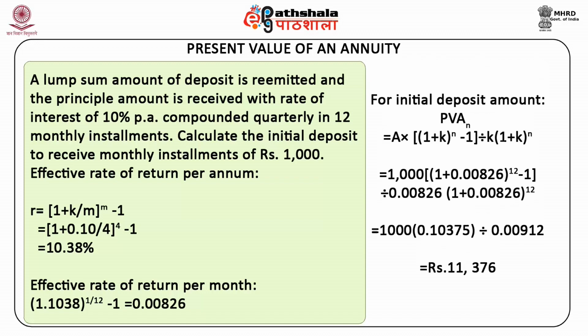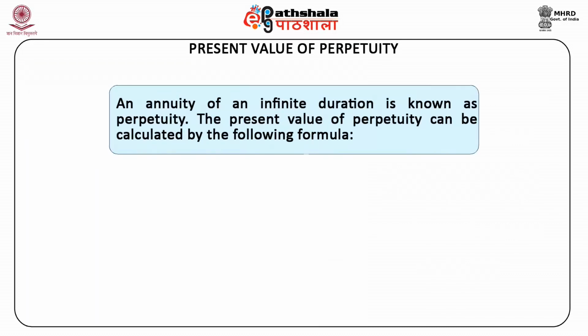So for the initial deposit amount, PVAN is equal to A into [(1 plus k) raised to power n minus 1] divided by [k multiplied by (1 plus k) raised to power n]. Putting the figures in this equation, you get 11,376. An annuity of an infinite duration is known as perpetuity.